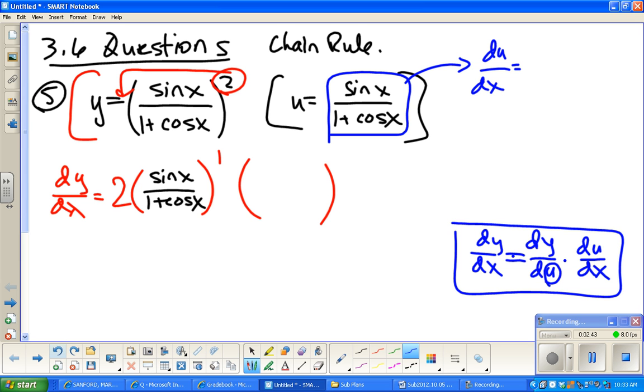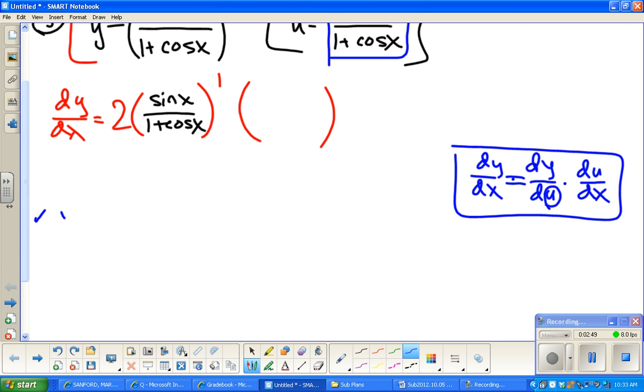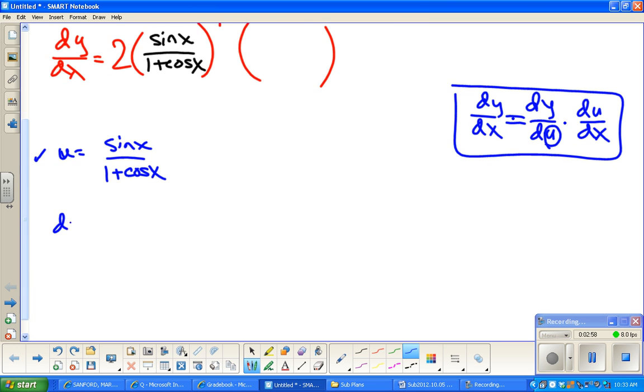Okay, so the quotient rule says that, I'm going to slide down if that's all right. So again, u equals sine x over 1 plus cosine. So the derivative of that, the derivative of the inside, and then I'll go back and stick it in there.